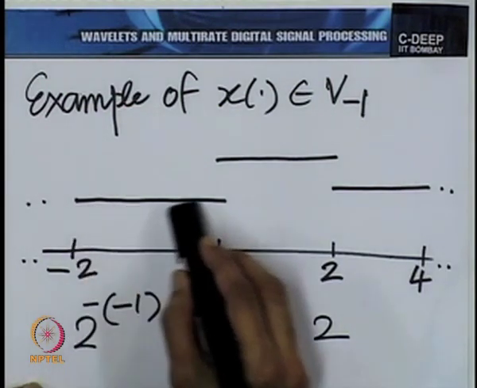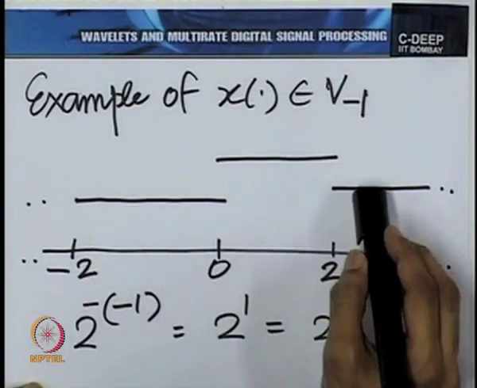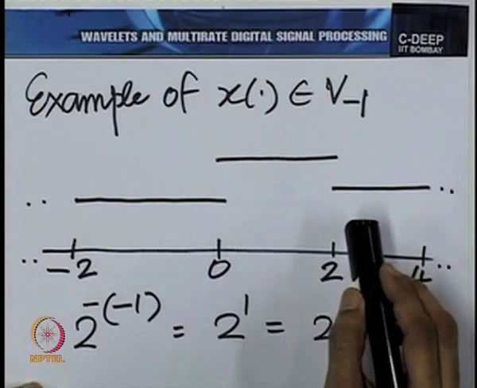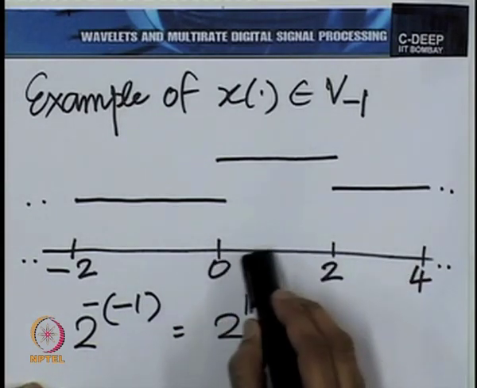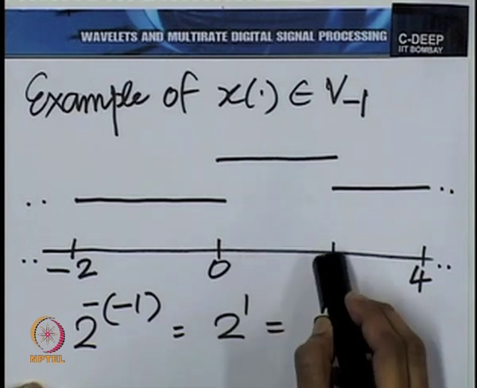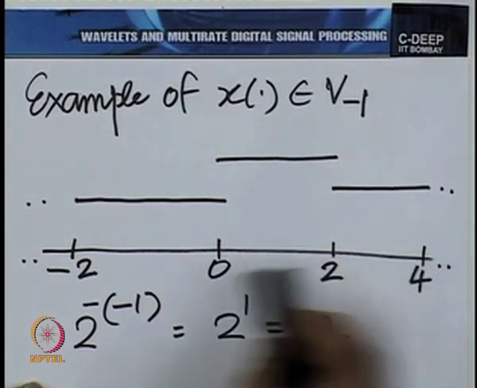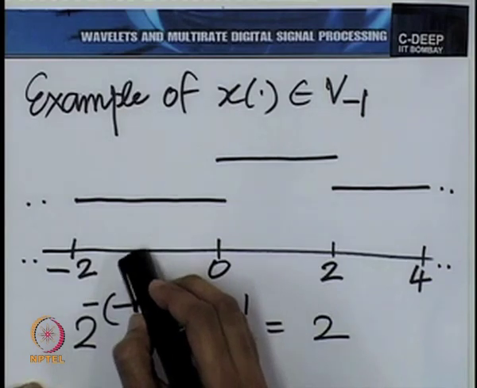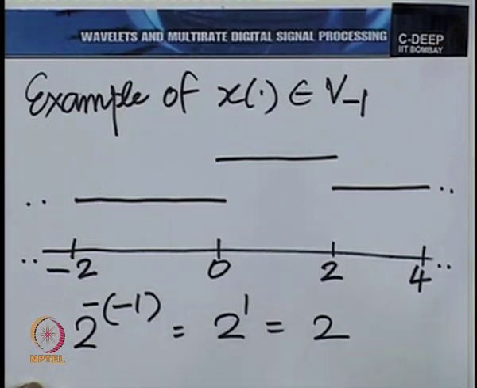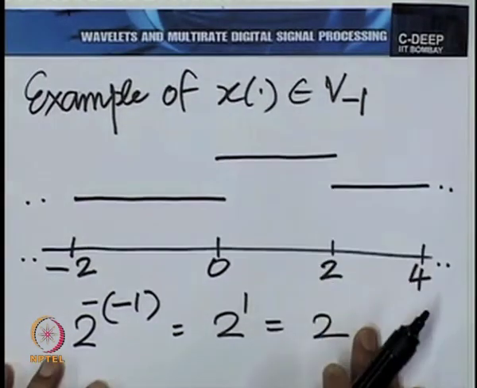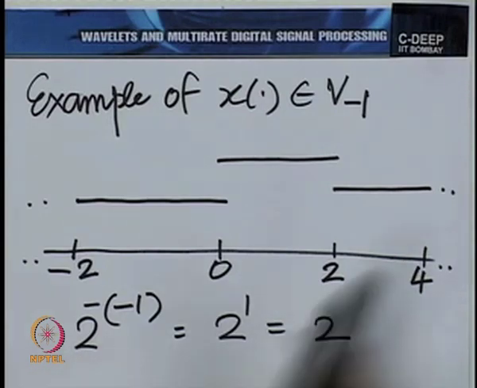Notice that this function is piecewise constant on the standard intervals of size 2. So, obviously, if you take the standard intervals of size 1, for example, 0 to 1, 1 to 2, 2 to 3, 3 to 4, minus 2 to minus 1, minus 1 to 0 and so on, the function is still piecewise constant. So, therefore, a function that belongs to V minus 1 automatically belongs to V 0.